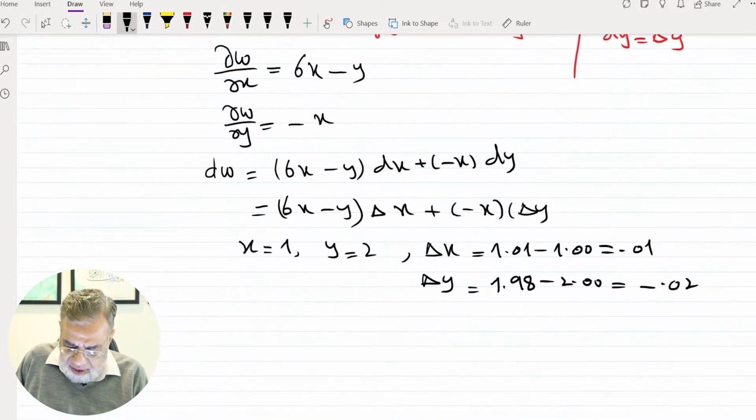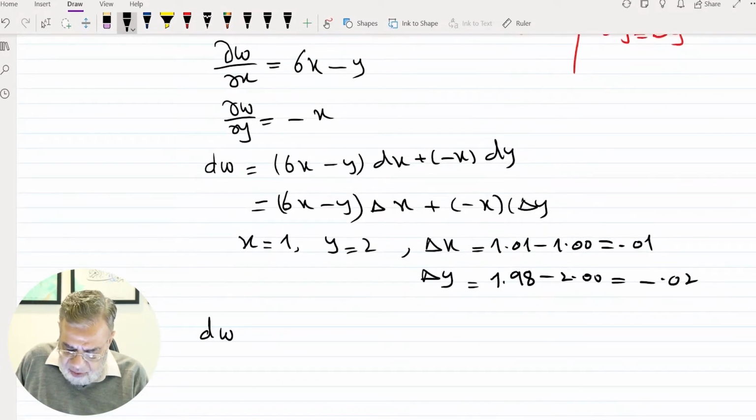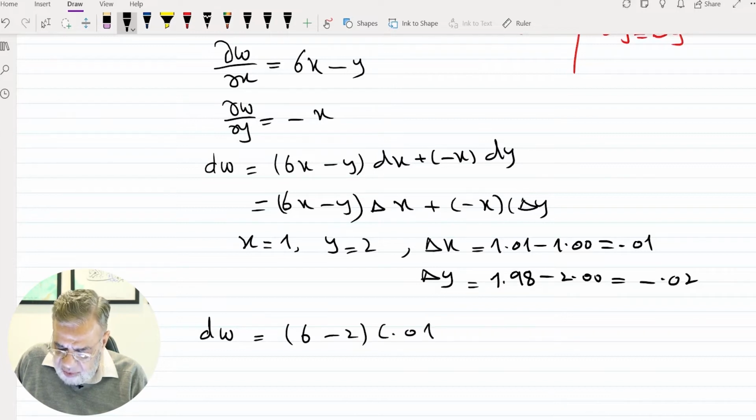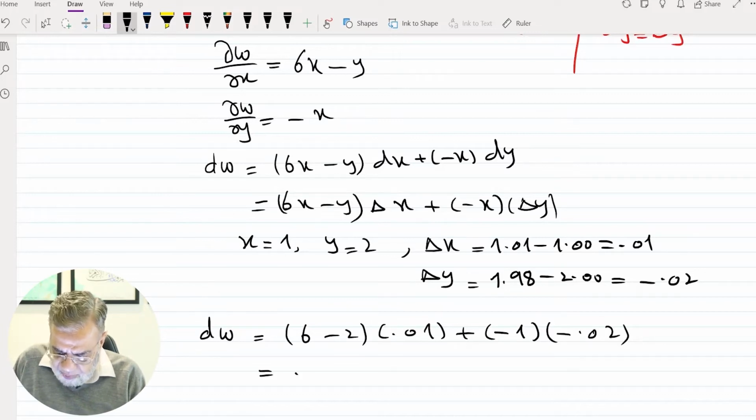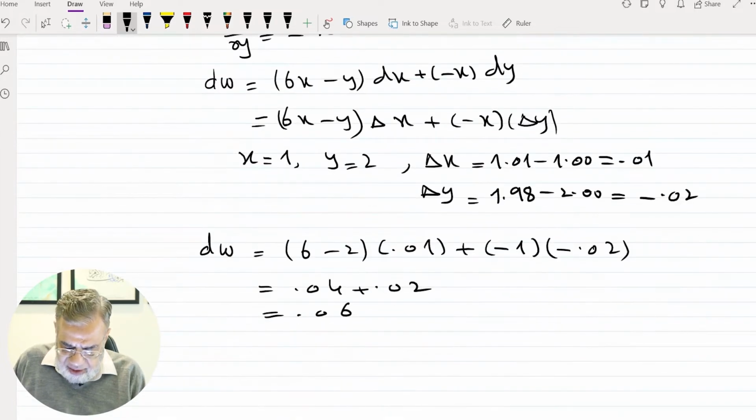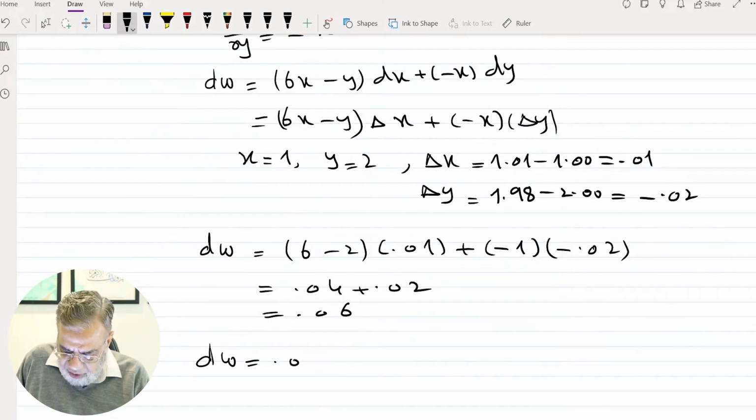We substitute the values here: dw is equal to 6x is 6, minus y, my y is 2, delta x is 0.01, minus plus minus x is minus 1, delta y, our delta y is equal to minus 0.02. Simplify and multiply, we get 0.04 plus 0.02, and this gives me the value 0.06. So my dw is equal to 0.06.